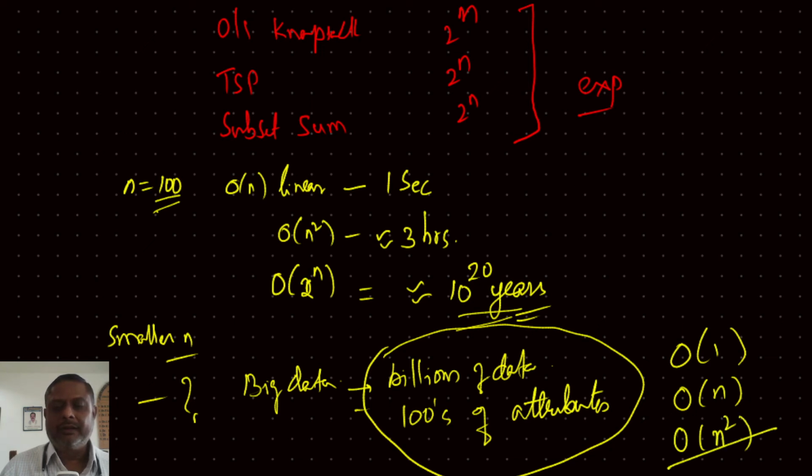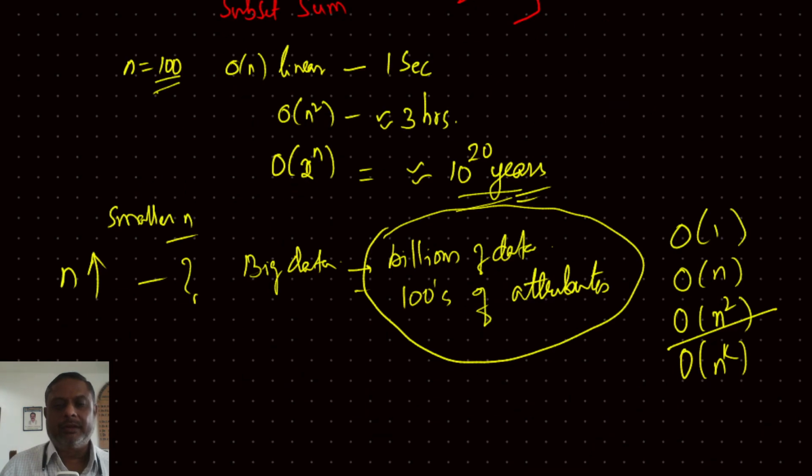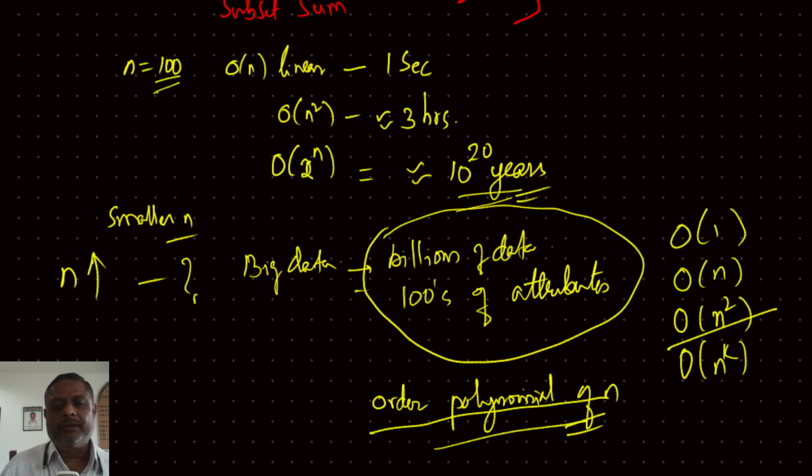We are ready to compromise at most for some value of order of n to the power k, where k is a constant. That means we are talking about order of some polynomial of n.